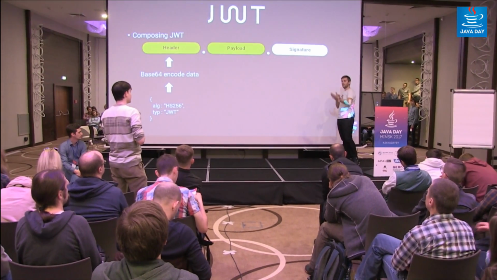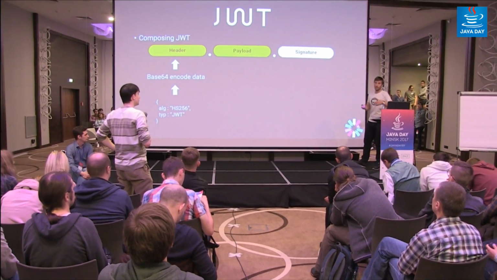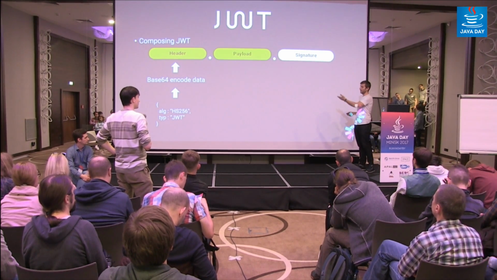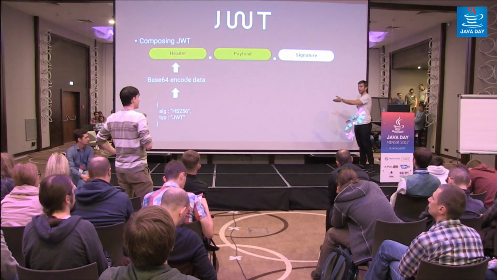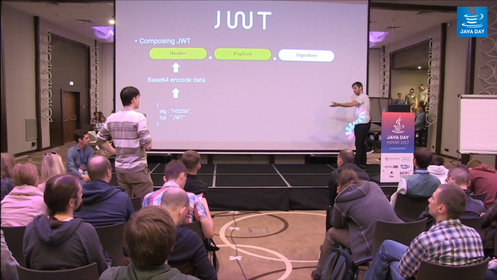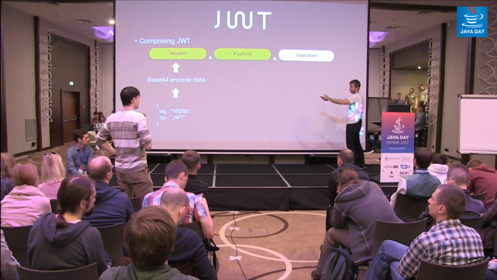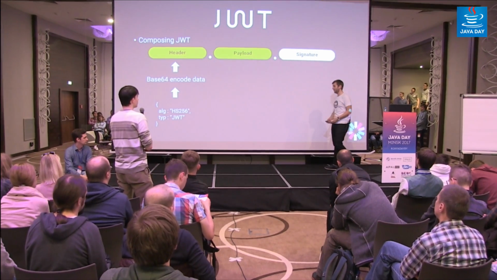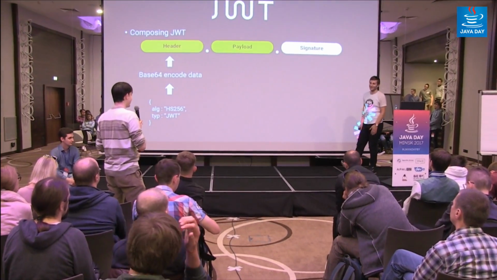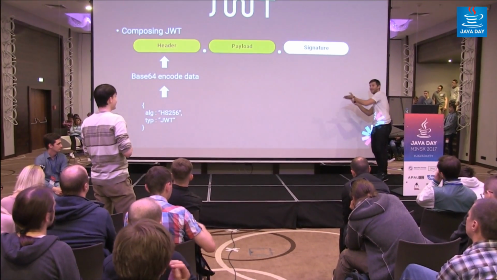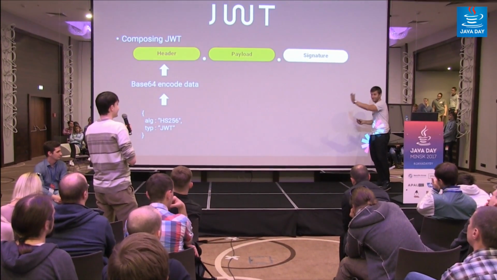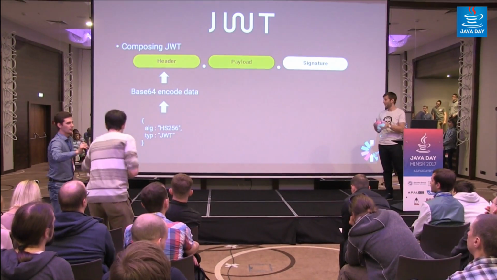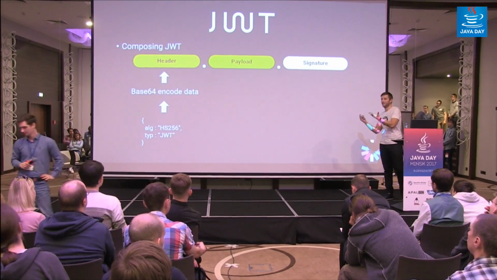It can be used for other protocols and standards, and that's why they added this type parameter. But if you're using it with JSON Web Tokens, then you should either omit it or put JWT. I really can't tell you what the other options are. In the JWT world, it's just JWT, or you can leave it out. Okay, thank you. It's a general standard, not JWT specific.